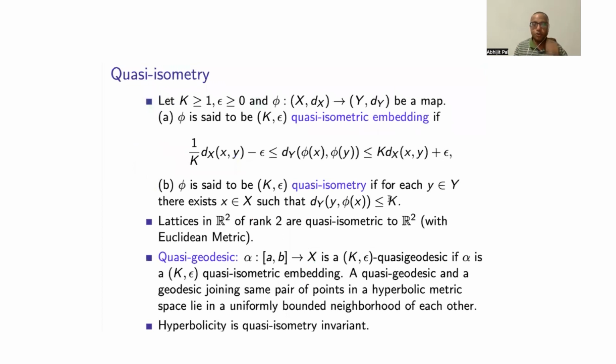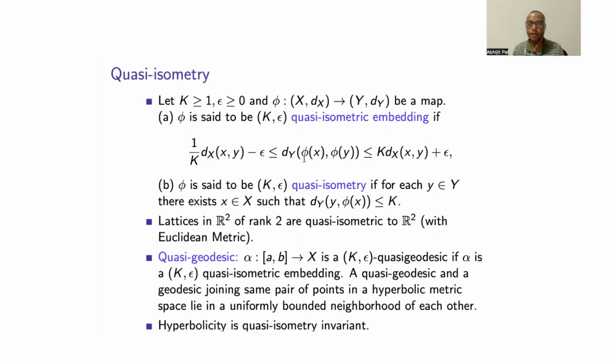Okay. We'll also be dealing with maps which are called quasi-isometric. A map phi from X to Y is said to be a (k, epsilon) quasi-isometric embedding if this inequality is satisfied: 1 by k times the distance between x and y, minus epsilon, is less than or equal to the distance between phi x and phi y, which is less than or equal to k times the distance between x and y, plus epsilon.